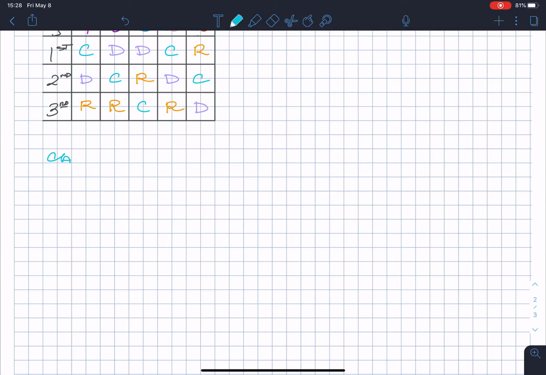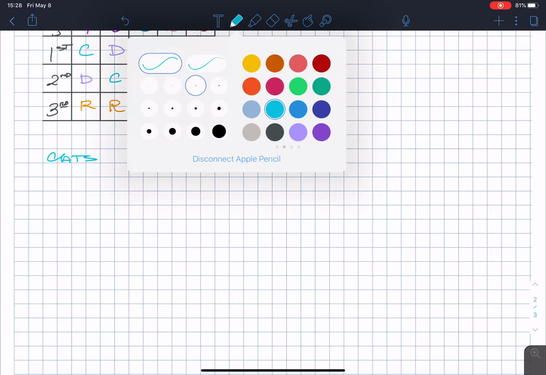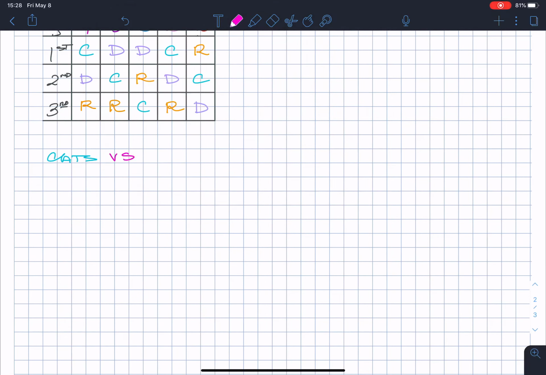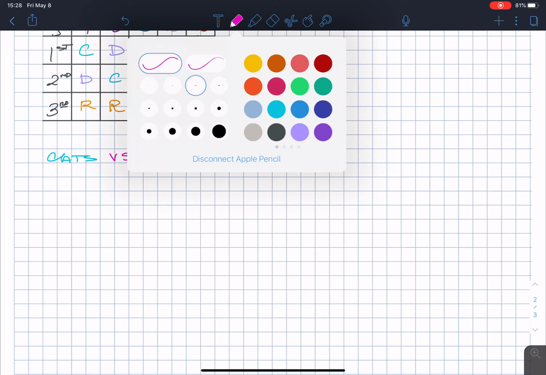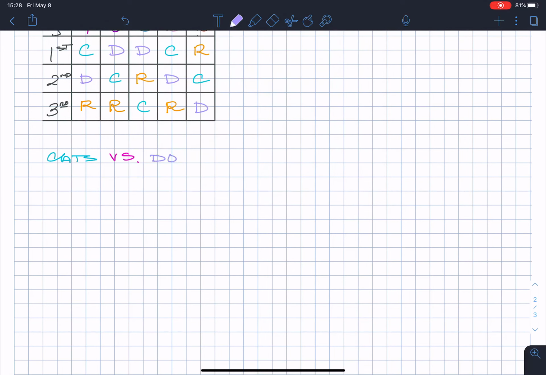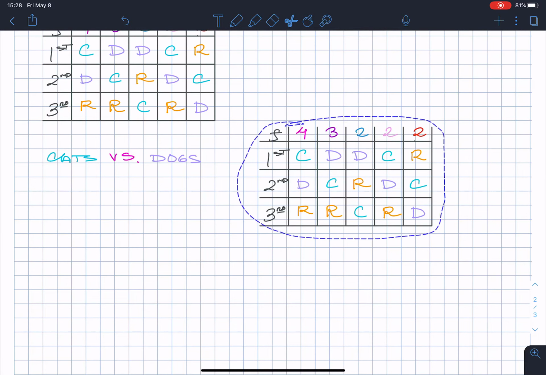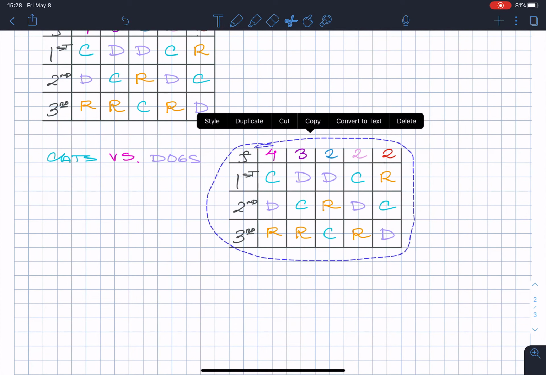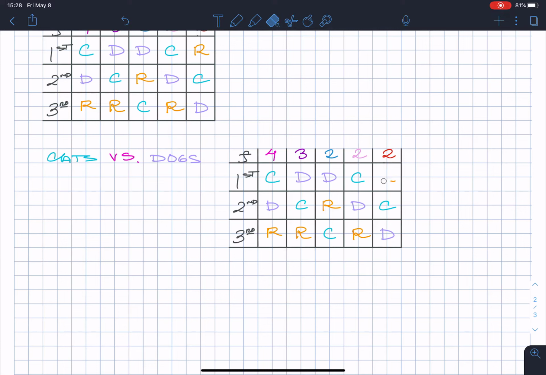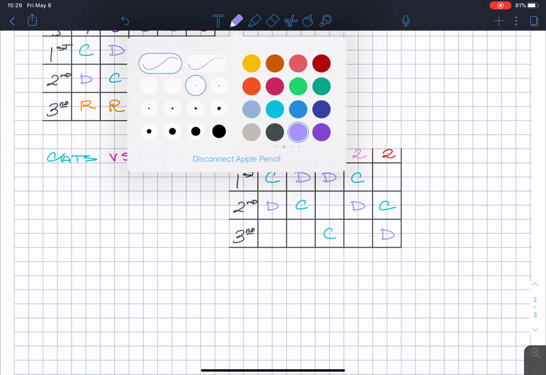So cats versus dogs. I'm just going to go ahead and erase the rabbits from here. So paste. I would no longer have rabbits, right? Now let's look at the numbers. What do cats have?